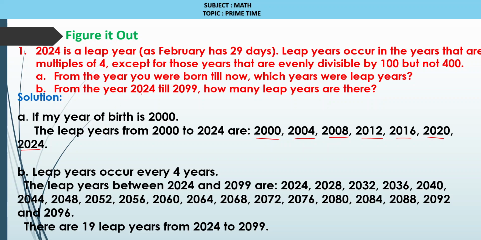So, from 2024 to 2099, the leap years are 2024, 2028, 2032, 2036, 2040 and so on till 2096. If we count these numbers, there are 19 leap years from 2024 to 2096. 1, 2, 3, and so on, we get 19.